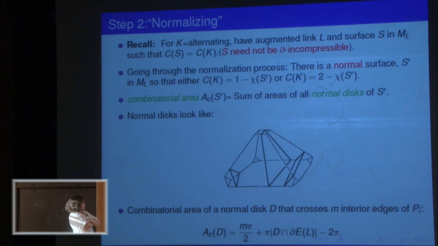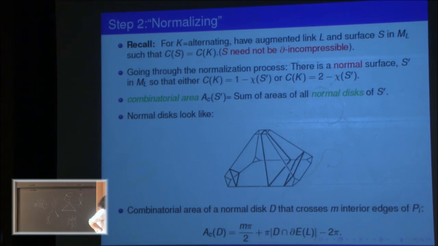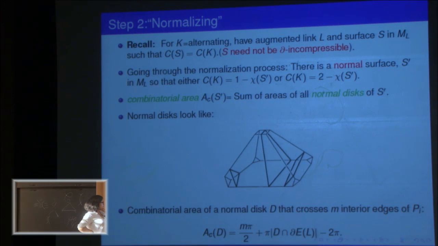Okay. And using the combinatorial area. All right. By the way, so here are some normal disks, and I'm recalling the formula that Jessica had, the combinatorial area of normal disks. M is the number of interior edges of the polygon, and the polyhedron. And by the way, the example that I have here is not an example that comes from augmented links, okay?